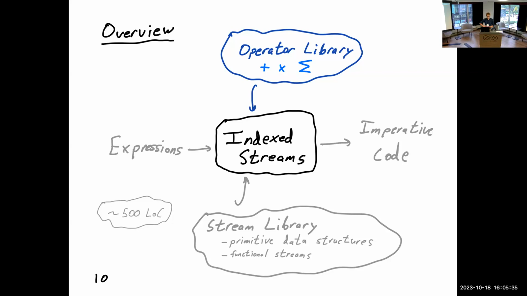For instance, this product operation takes in two index streams and produces an output index stream that computes their product one element at a time. In this way, a complicated expression can be built bottom up using these operators. We've implemented a compiler that can compete with Taco and some relational algebra compilers, and verified the core idea behind it. The test implementation is only about 500 lines of code.